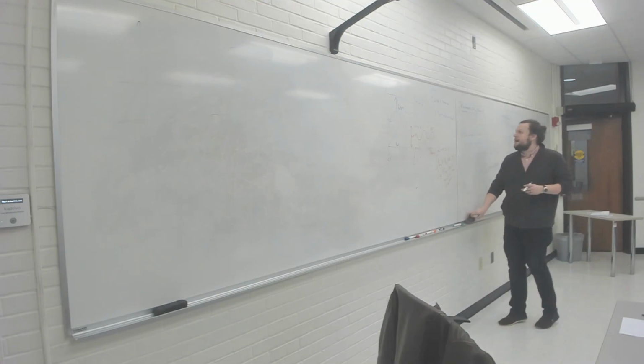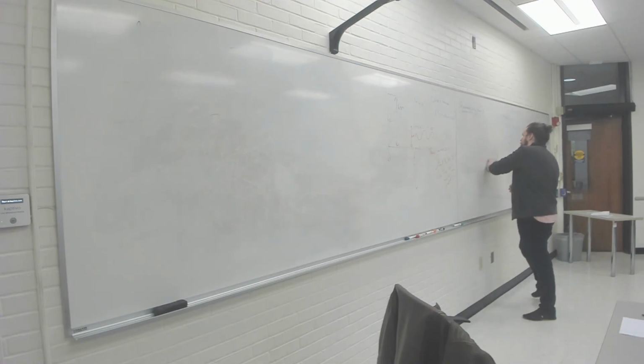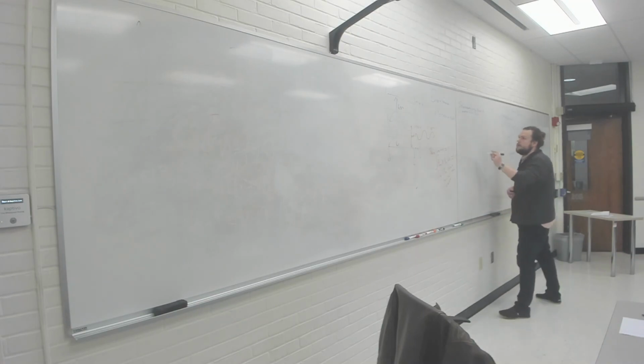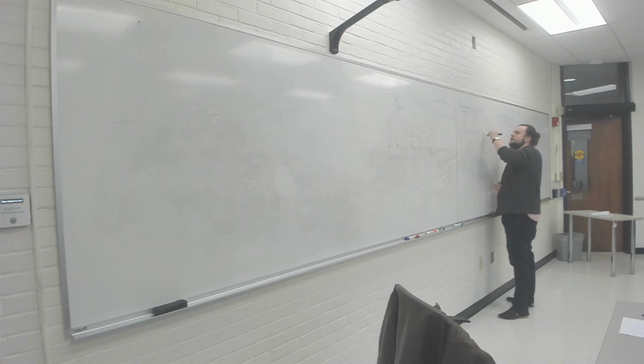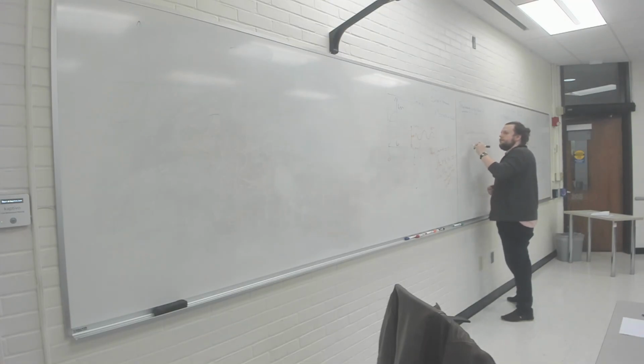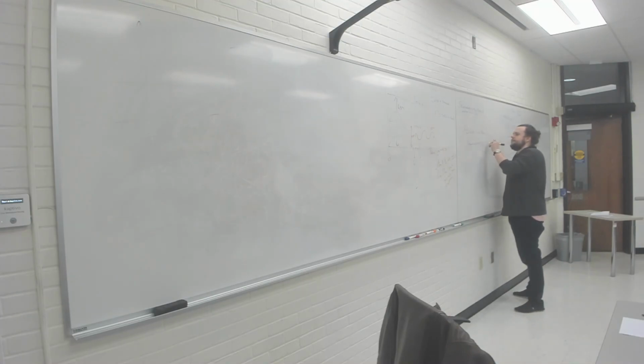So for the particle in the box, transitions where delta n is equal to 2k plus 1, odd, are allowed, and with delta n equals 2k, even, are forbidden.